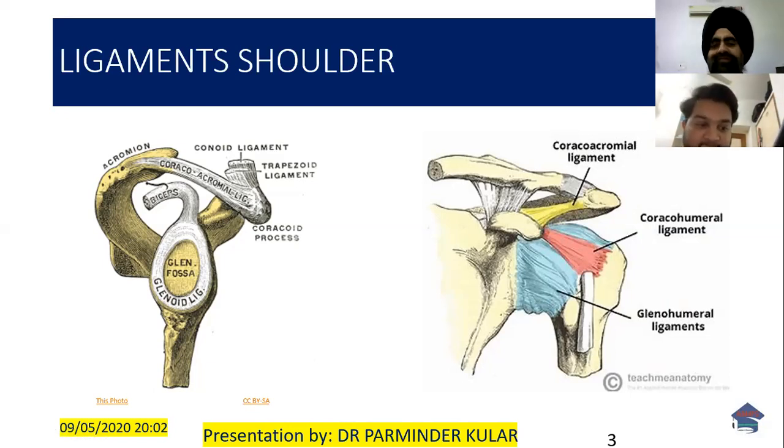Then we have the ligaments between the coracoid process and the clavicle, the coracoclavicular ligament, having two parts, the conoid and the trapezoid. Then there are ligaments between the glenoid and the humerus, which are the glenohumeral ligaments: superior, middle, and inferior.